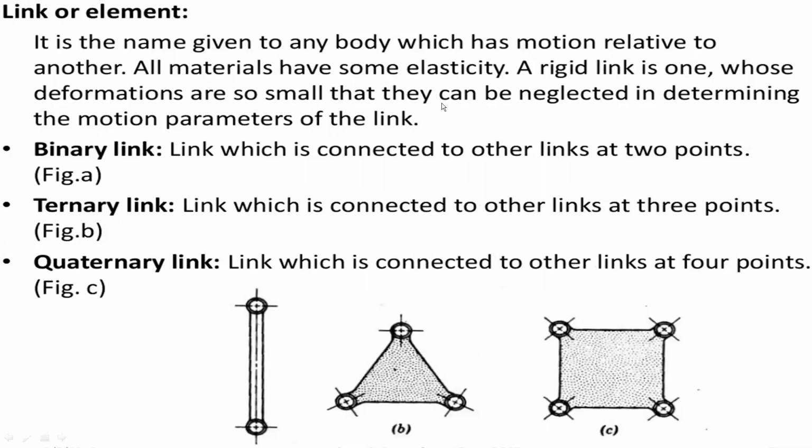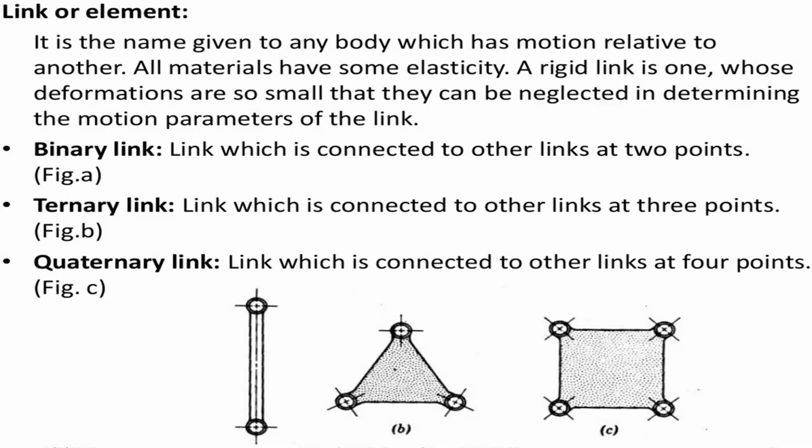Firstly, a link is the name given to any body which has a definite relative motion to the other, and all materials have some elastic property, which is used to deform and change its position.